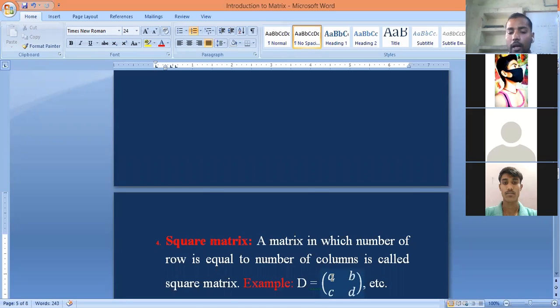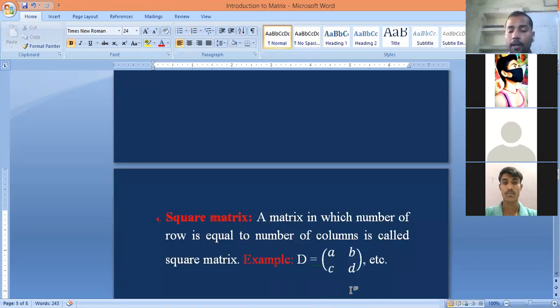So the rows are A, B and C, D, so there are 2 rows. In the same way, A, C and B, D, there are 2 columns also.